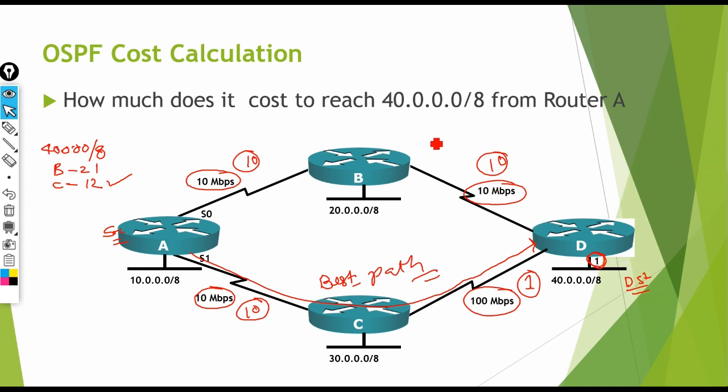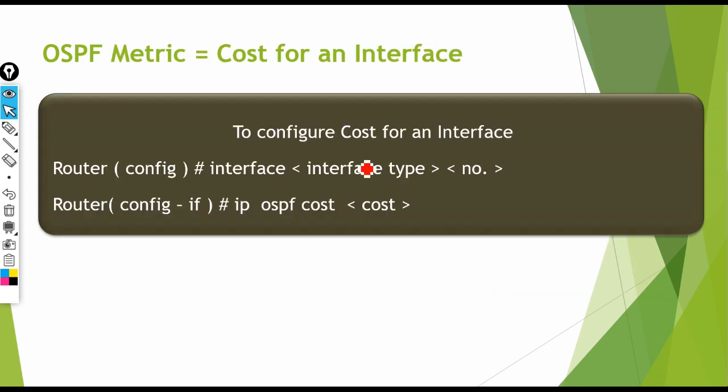Now, if you want to change the interface bandwidth, you can go ahead and change it using a command. For example, between these two routers, this is my serial interface, and by default 64 is the metric. If you want to change this to, let's say, 100, you can change the interface bandwidth itself here.